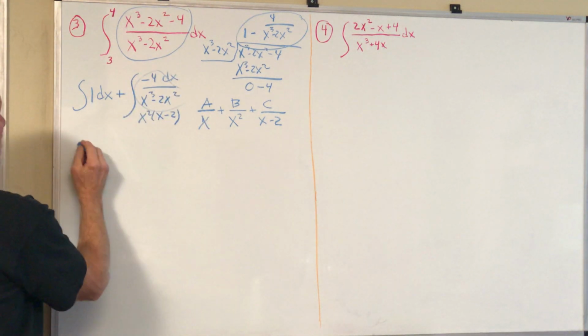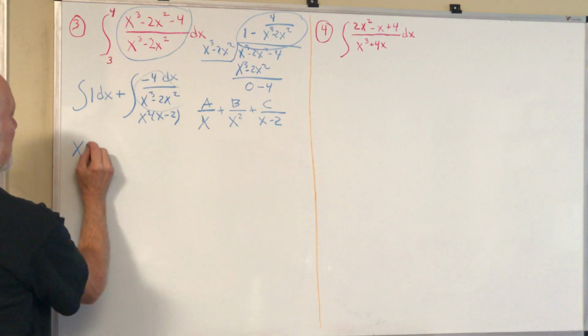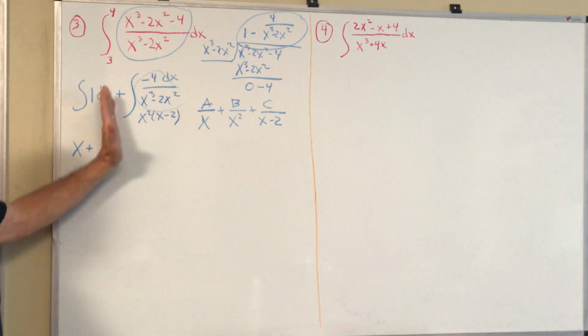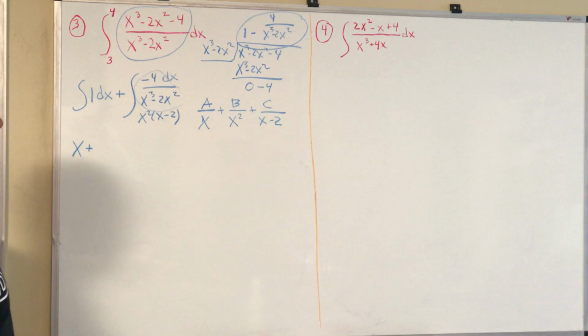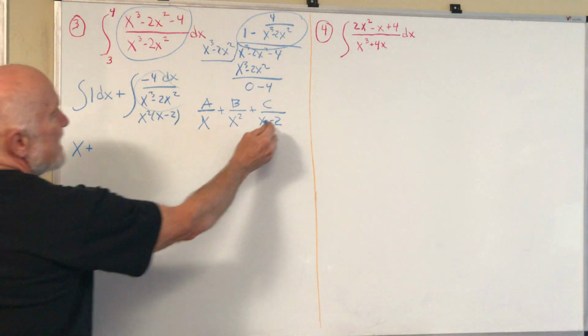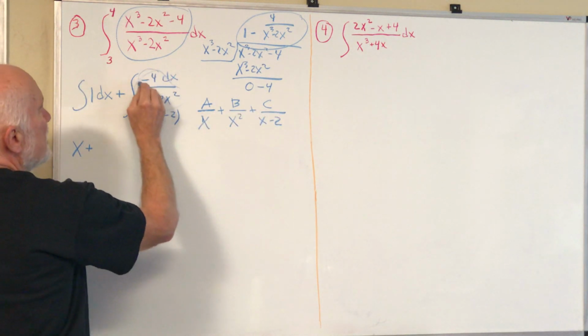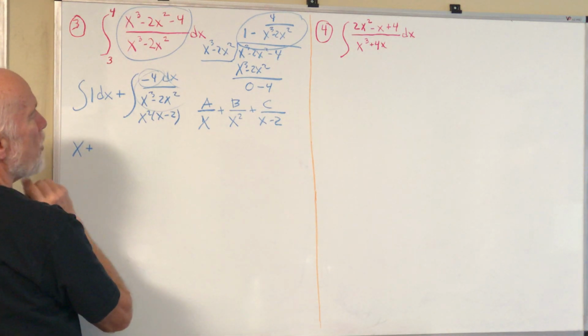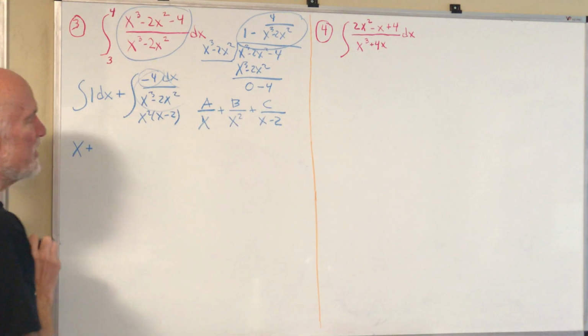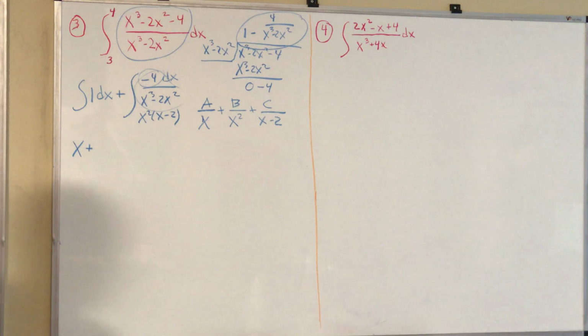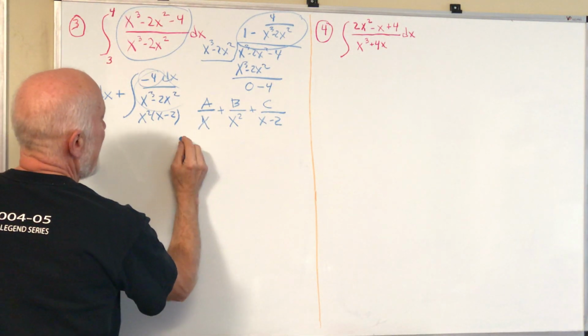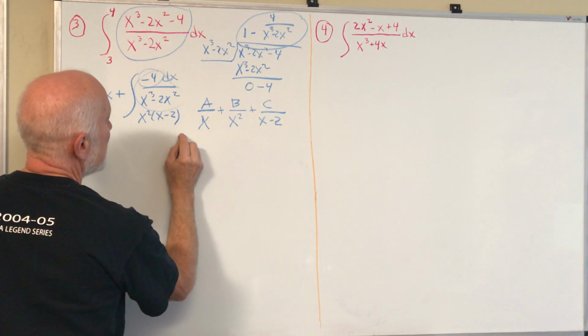This part is pretty easy. That's just going to be x. So now we're just going to deal with this integral here. So we're going to try to make these 3 equal negative 4 when we put them under the same denominator. So I go, A is missing what factor?